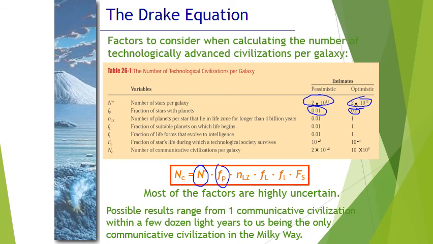Now, the next factor is the N with the LZ. This is the number of planets that would be in the star's habitable zone, or life zone. And we're going to be doing an activity for the lab activity this module that deals with the habitable zones around planets.